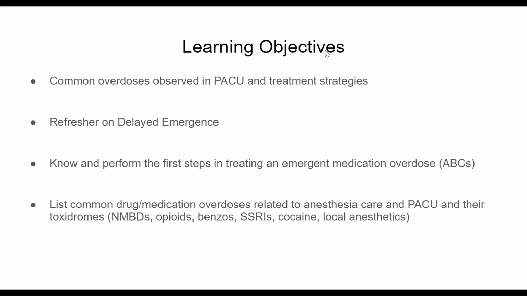You had a talk on this a little bit ago, but we'll refresh an algorithm for thinking about delayed emergence, and then refresh the steps in managing emergent situations: ABCs, reviewing patient history, talking with different team members, and then we'll go through some case examples.